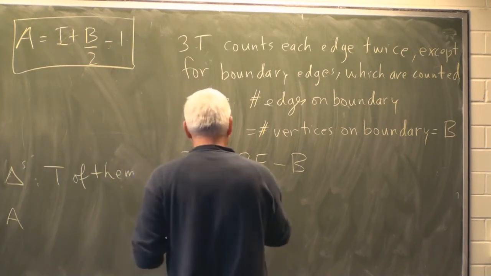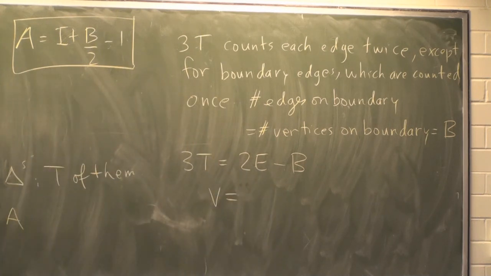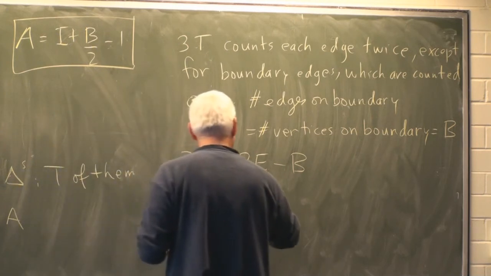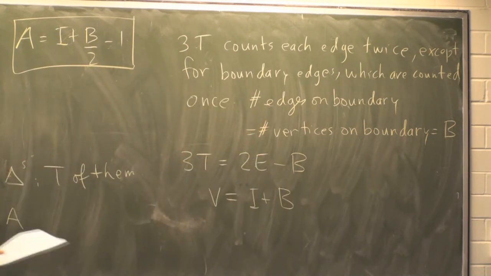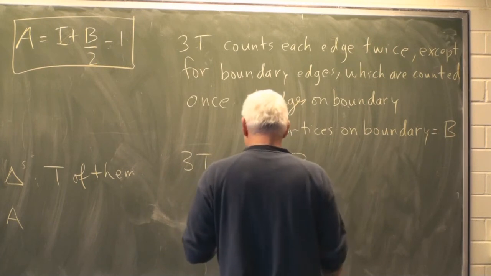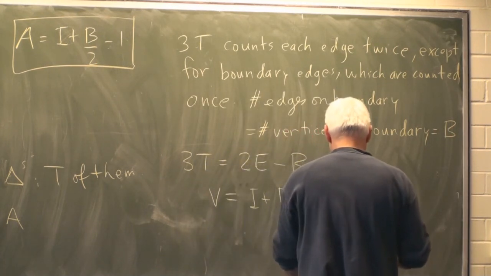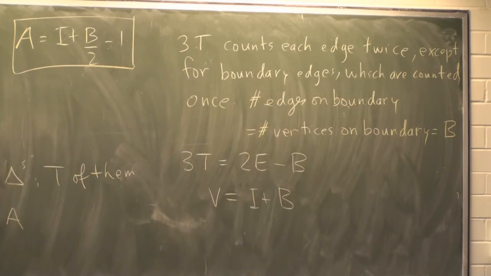The total number of vertices is the number of vertices on the boundary plus the number of vertices in the interior. So that's I plus B. Okay, so let's have a look at what Euler's formula says.